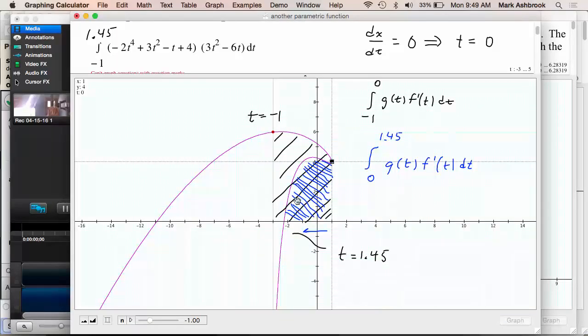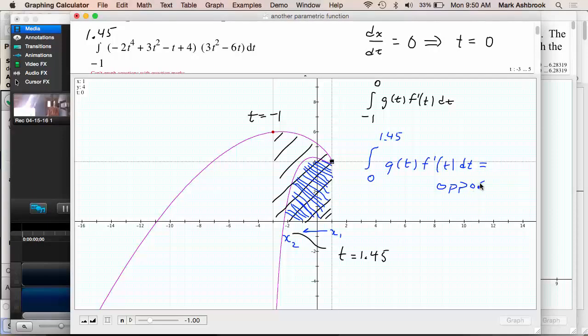We're going to get the opposite of that area. Why? Because our x1 was here and our x2 was here. So this is going to be the opposite of the blue area, because we're integrating to the left. We're integrating from x1 to x2, where x2 is less than x1.